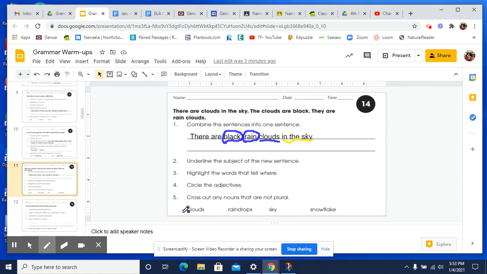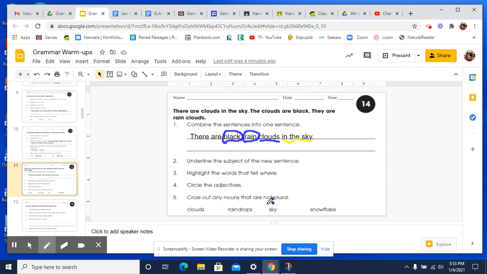So let's go. We already talked about clouds. That is plural, so we are not going to cross it out. Raindrops, it has that S at the end. So that means that is plural. So we are not going to cross that out. Sky, that's just one sky. If it was more than one, it'd be skies, where you would change that Y to an I and add ES.